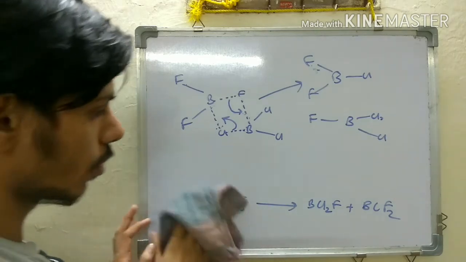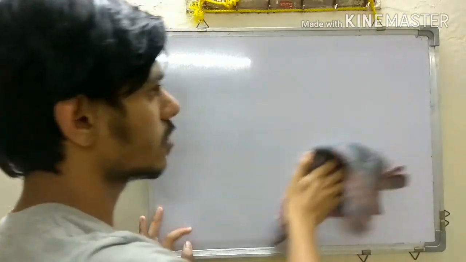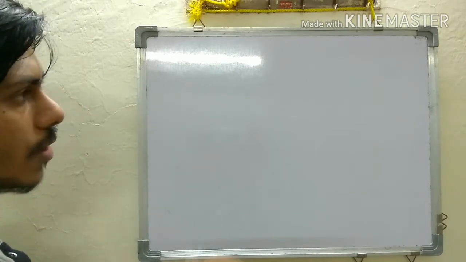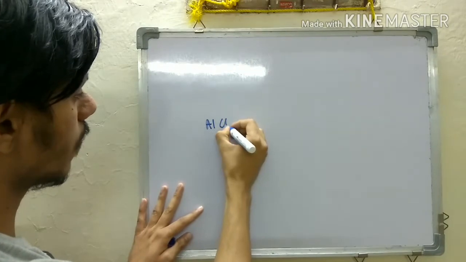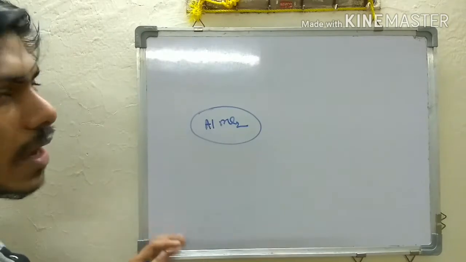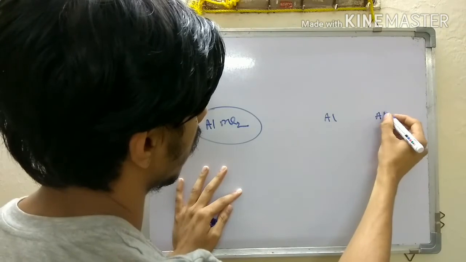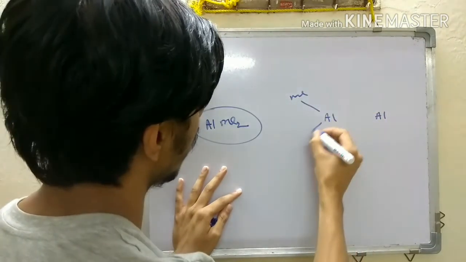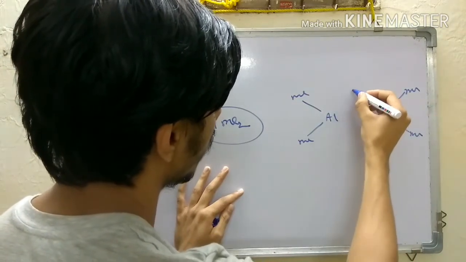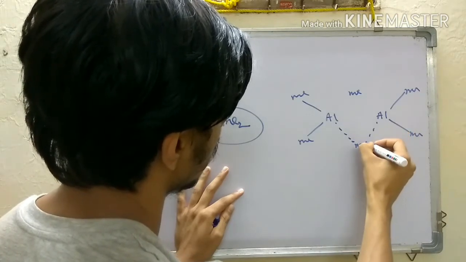Now this is about your group 13 elements and their Lewis acidity and pi bonding interactions. One thing I should mention in this aspect is that, let's say you have AlMe3, trimethyl aluminium. It will also exist as a dimer. There will be two methyl groups, and your other two methyl groups will exist as a dimer like this.